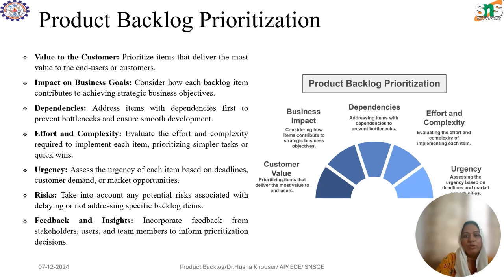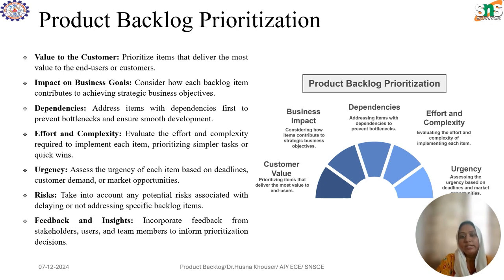Next is the Kano model. This model differentiates between basic needs, performance needs, and delight features. It helps to prioritize based on user satisfaction. Next, we can compare items using a value versus effort matrix. We map items based on their value to the business versus the effort required to implement them, and prioritize the high value, low effort items first.